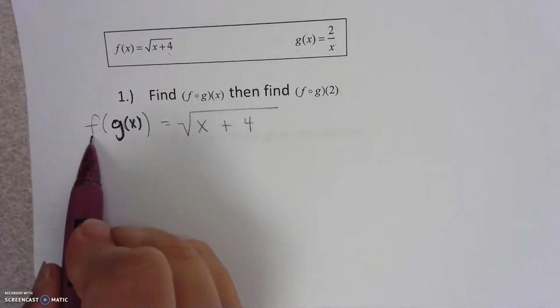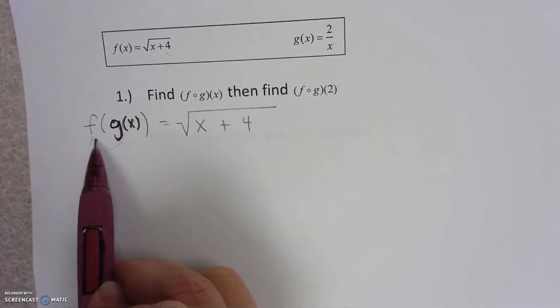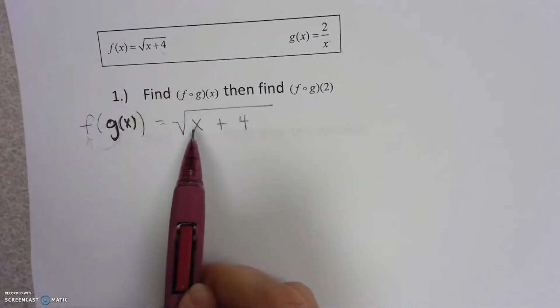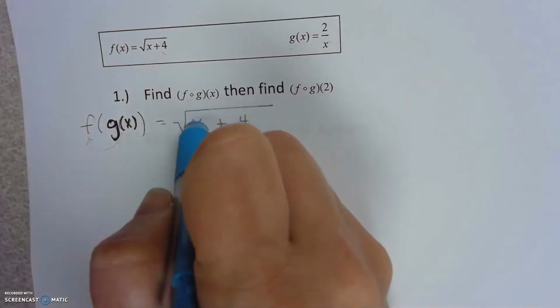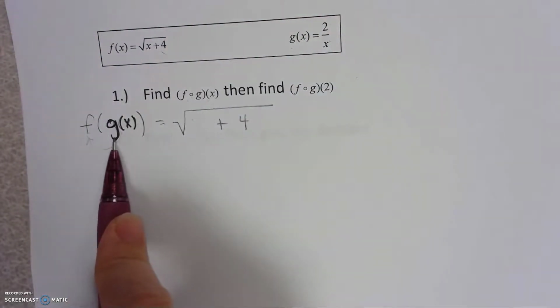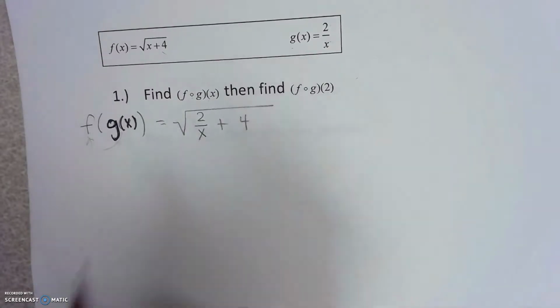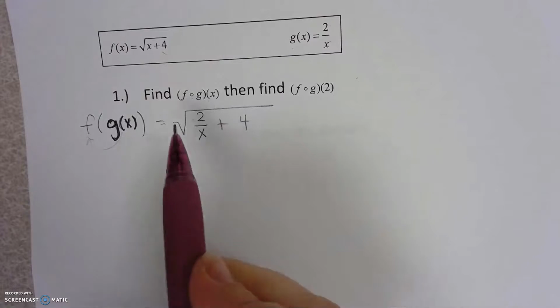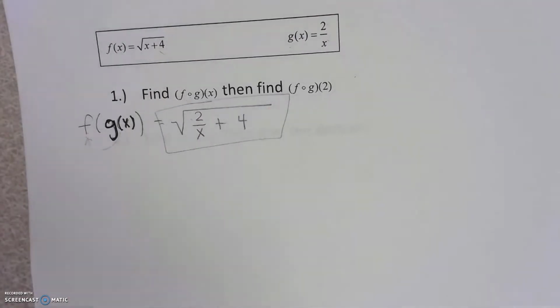That is function f. We're going to take g and plug it into f everywhere there's an x. So here's our x. I'm going to get rid of that x, and in its place I'm going to put the function g, which is 2 over x. Then if there's any way that I can simplify it, I would simplify it. This one is as simple as it can go.